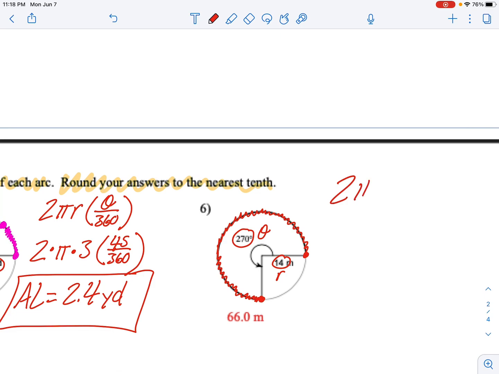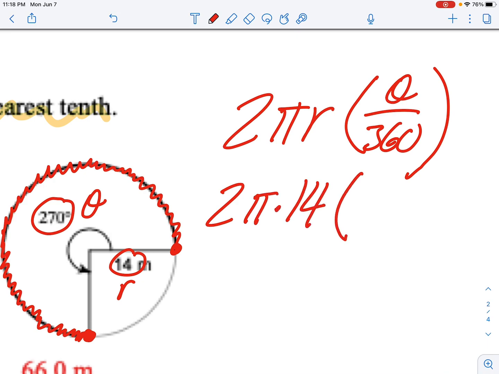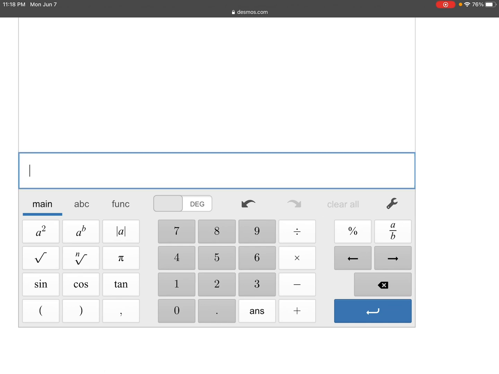So again, I'm going to say 2 pi r times theta over 360. 2 pi times r, which is 14, theta 270 over 360. Okay, 2 pi r, 2 pi 14.